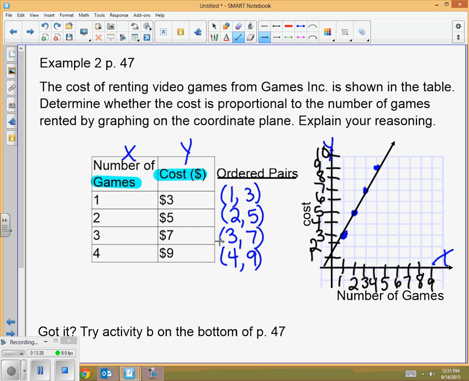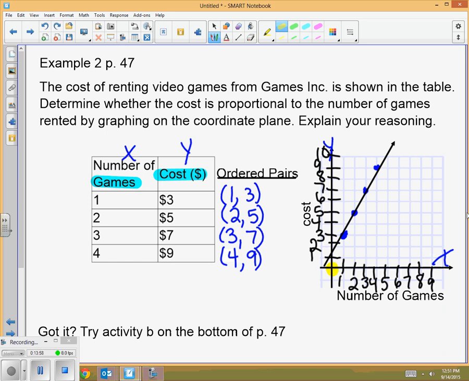Now, in order to determine if this is proportional, we need to check the origin. Remember, the origin is where the x and y axis meet. Okay, it's the cross here. Let's just go only on the origin right there. You need to test to see if the line touches the origin or if it passes through this point. Since the graph is above the origin, it does not pass through 0, 0.